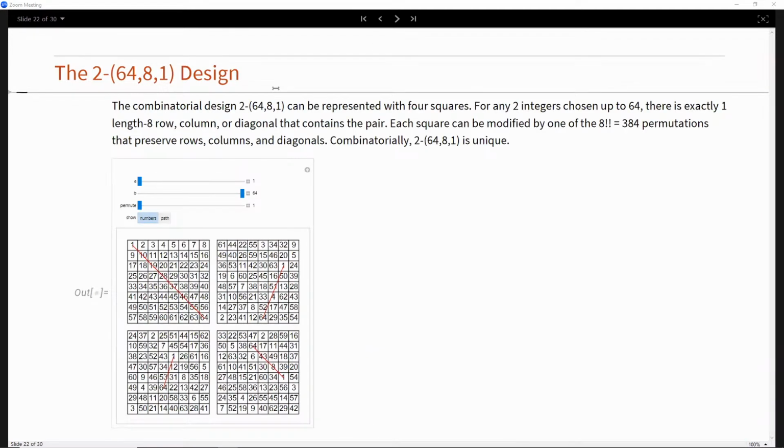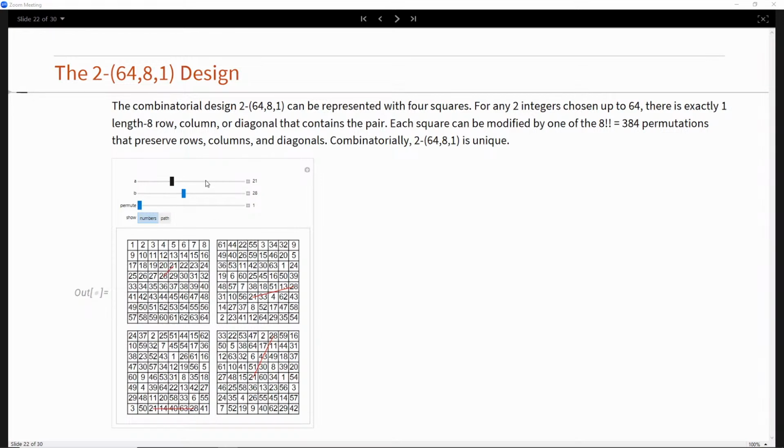There's also larger designs. For example, here's a way of doing one on 64. If we take any pair of numbers, it'll be on a column or row or diagonal in one of the squares. So for example, here we have 21 and 28.